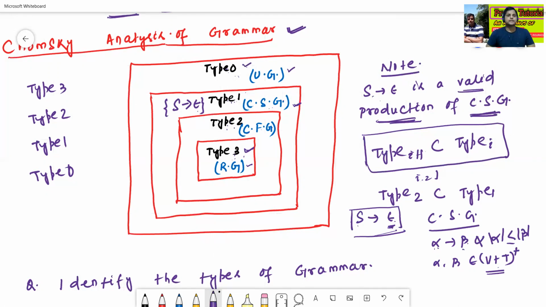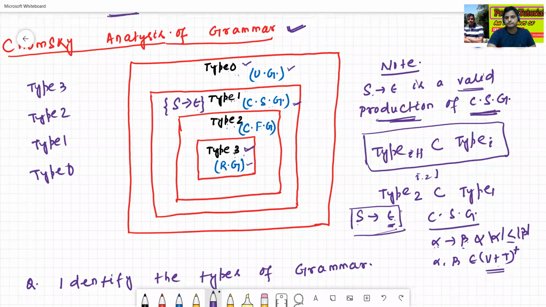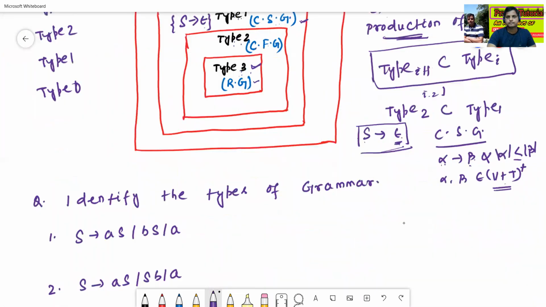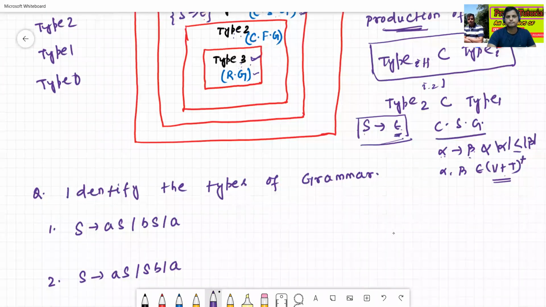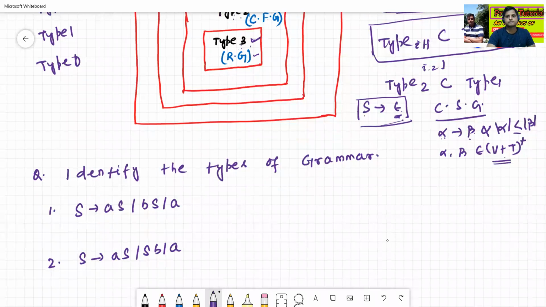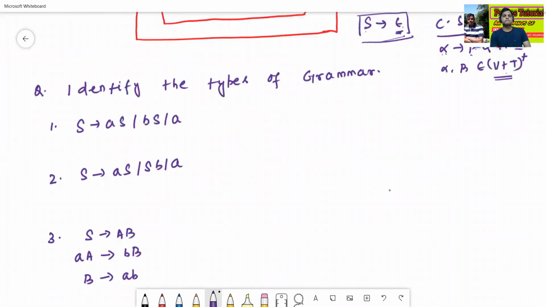Okay, this is the Chomsky analysis of grammar. Now we'll see some problems related to the types of grammar. The next question is to identify the types of grammar.